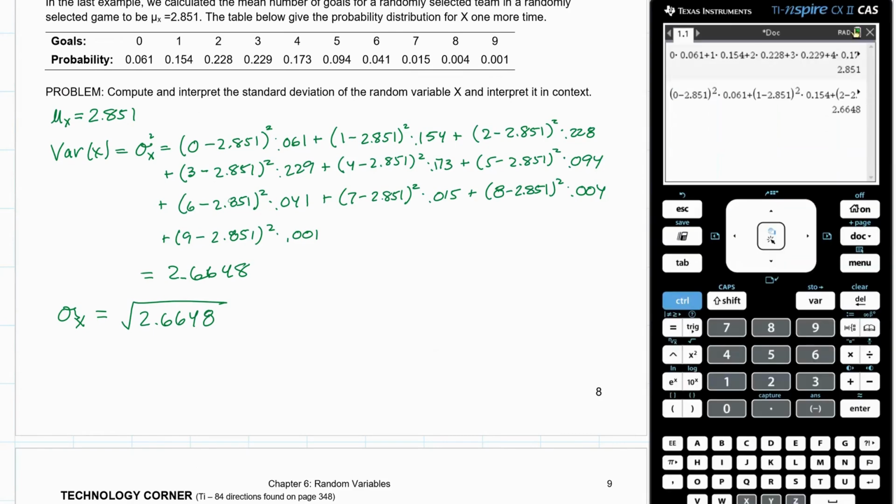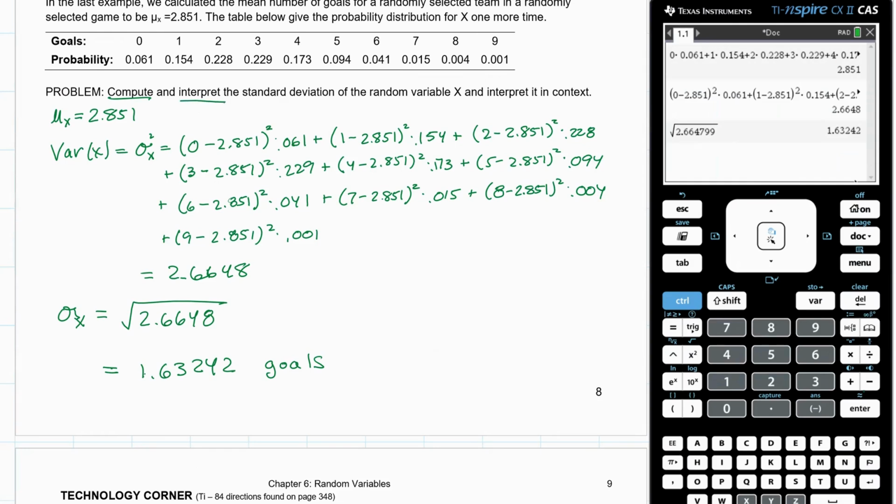For that, I need to go back to the calculator and I will say square root of that number, and I get 1.63242, and that unit is in goals. There's the compute part done.